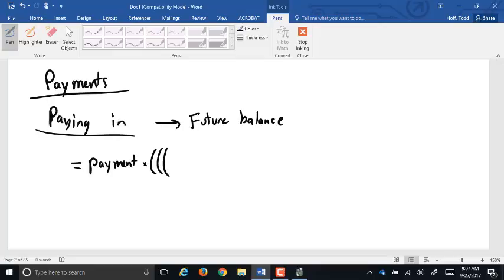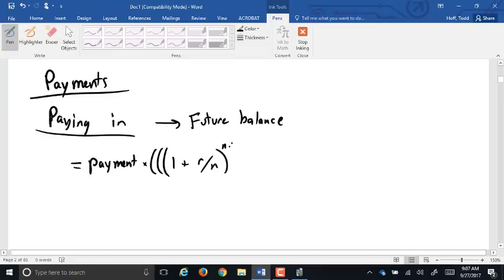So the difference is you're starting out here with zero and you're building up to a higher balance. The other formula is if you're starting out at a higher balance and you're drawing it down to zero. It starts out looking exactly like a compound interest formula. But then it adds a few things like that.